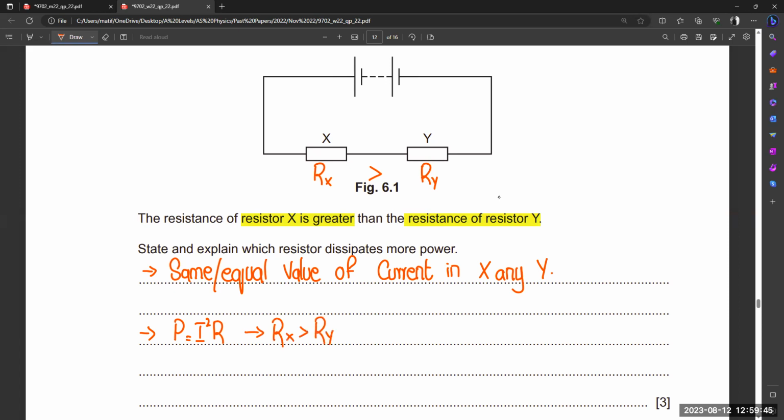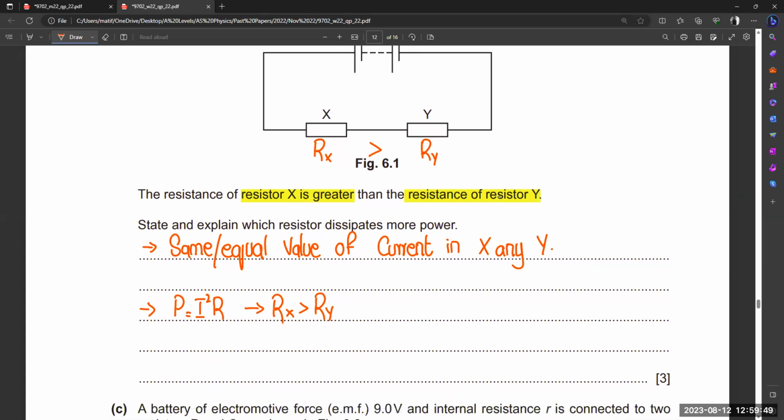So now what do you think? Which resistor will have more power? The power in Rx is going to be greater than the power in Ry. Voltage actually divides between X and Y, but we are not given any value of voltage, so we take the reference from current and resistance, because that also gives you the power dissipation.